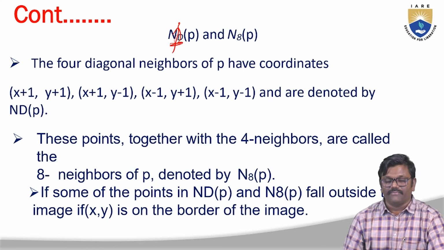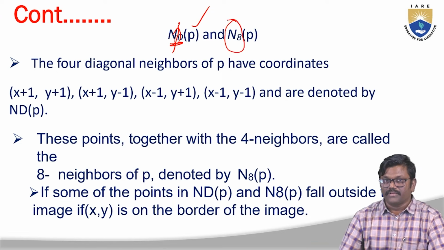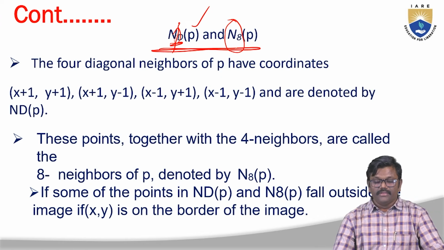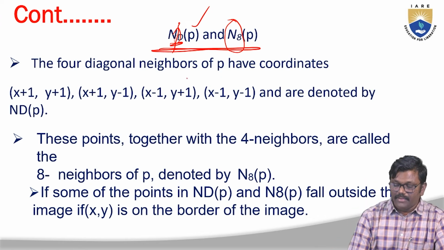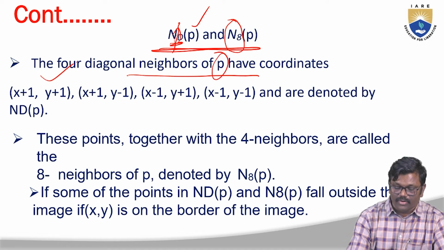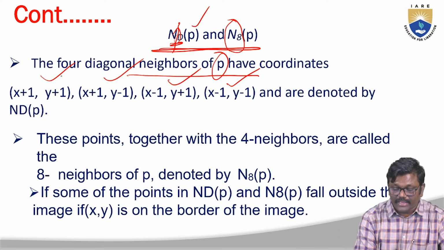D value we can define. So N suffix D of P, now simply you can define N suffix 8 of P. So we can say that the 4 diagonal neighbors of a pixel P have the coordinates here, number 1, 2, 3 and 4. These are the 4 diagonals.